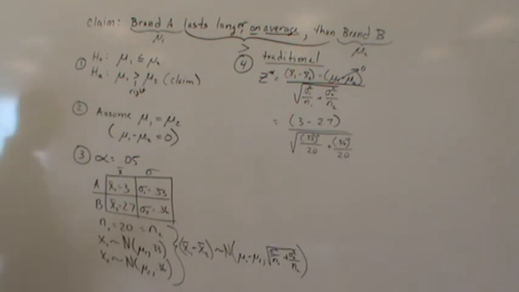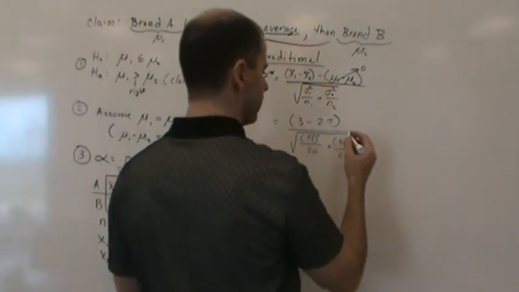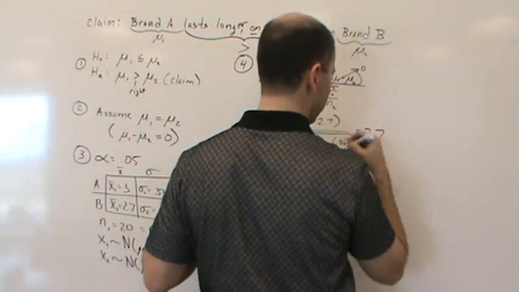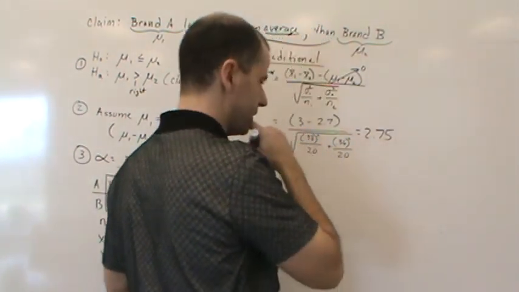And so I get 2.75. So my critical value is 2.75. Or not my critical value, I'm sorry, my test statistic.